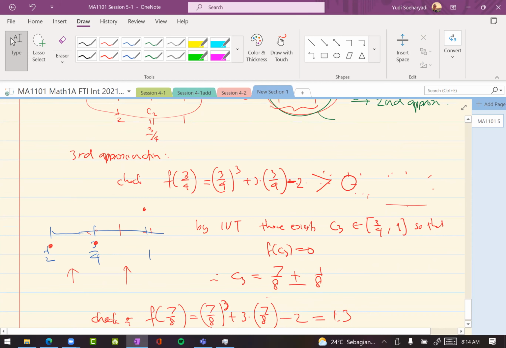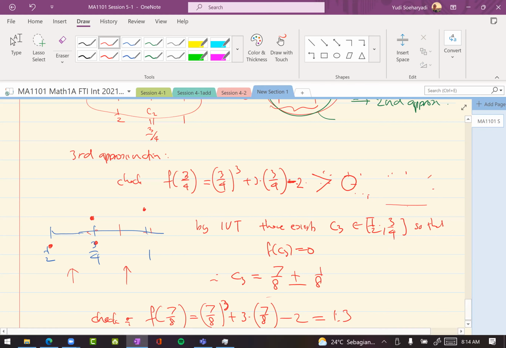All right. So this should be positive. Then the intermediate value theorem says that c is not here, but must be between 1/2 and 3/4, right? So this is what we get from 1/2 and 3/4.